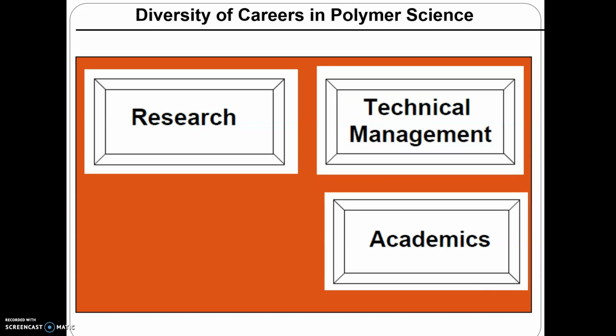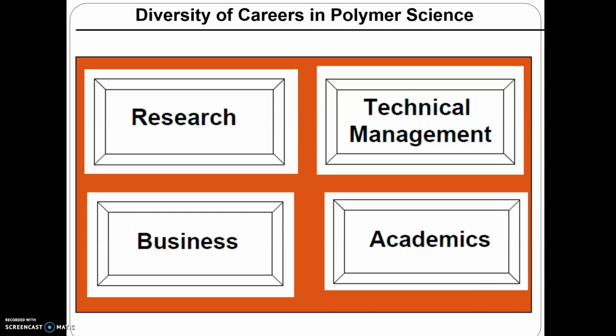Also, you can work as technical management. Technical management, it's very interesting because all the previous industries that I talked about, where the polymer is used, they need polymer science to work with them.